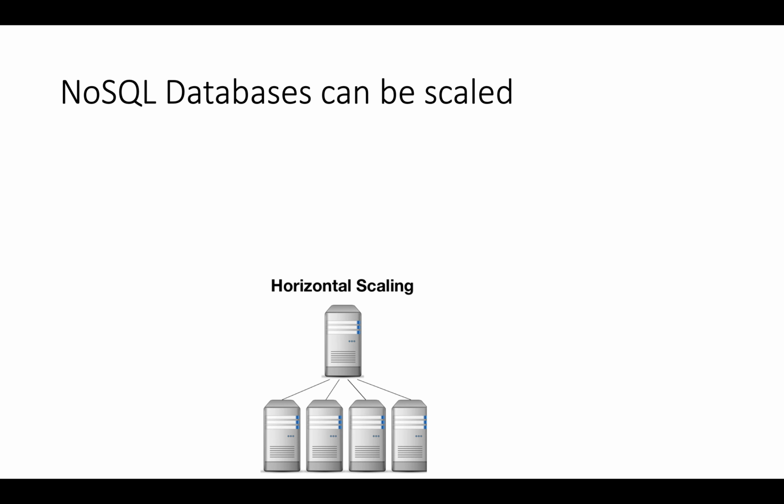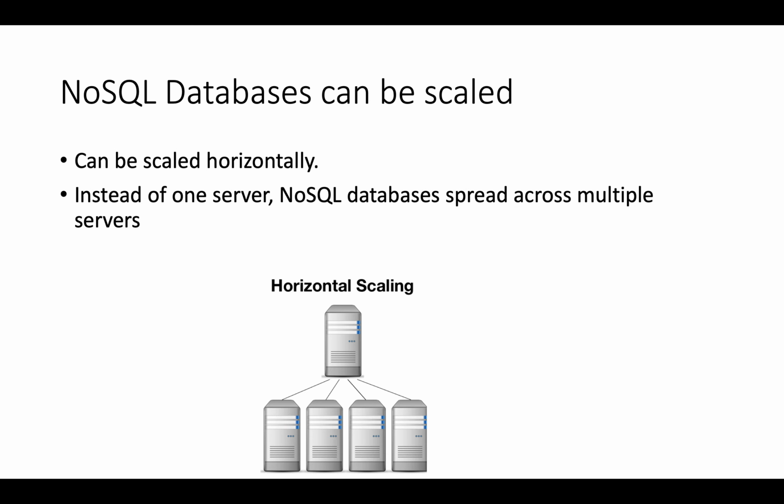NoSQL databases can be very easily scaled. It's not just vertical scaling, but horizontal scaling. What does that mean? That means instead of being on one server, NoSQL databases can be spread across multiple servers.